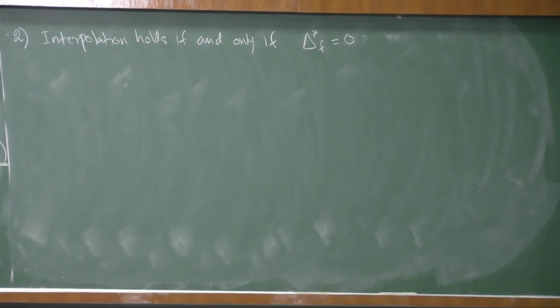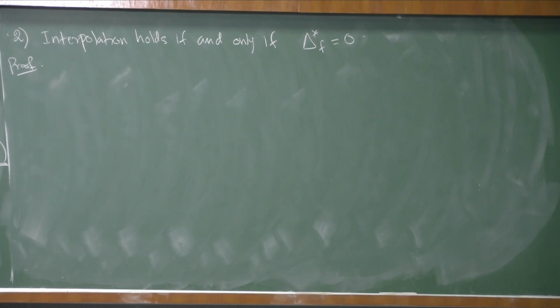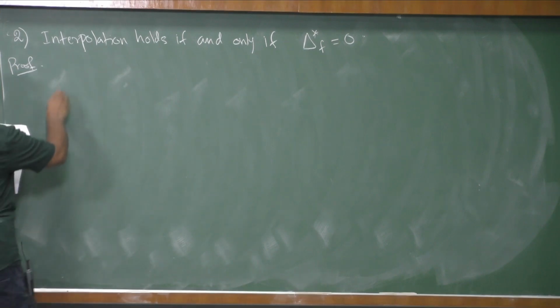Okay, so let us try to prove this. So let us assume that interpolation holds, and then we will prove delta star f equal to 0. Okay, so let the interpolation hold.